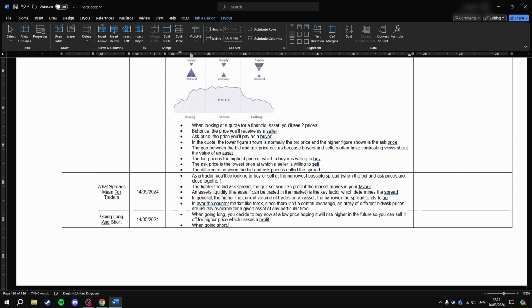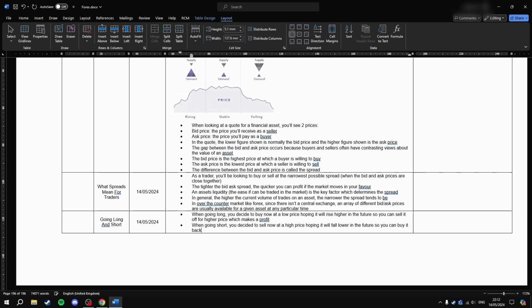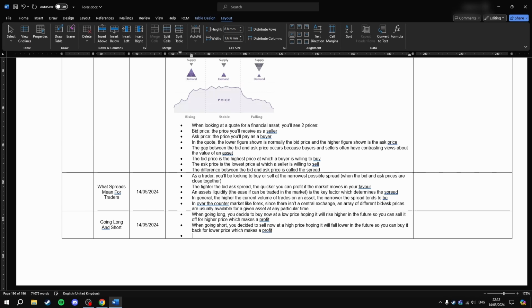When going short, you decide to sell now at a high price, hoping it will fall lower in the future so you can buy it back for a lower price, which makes a profit.